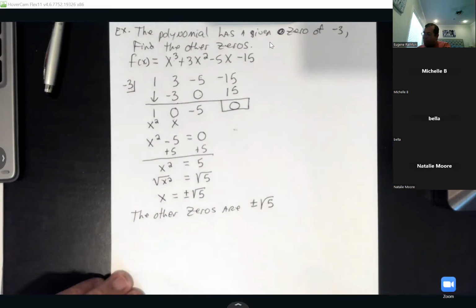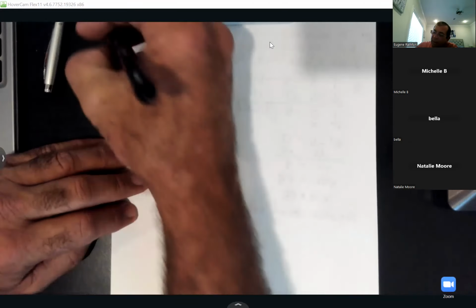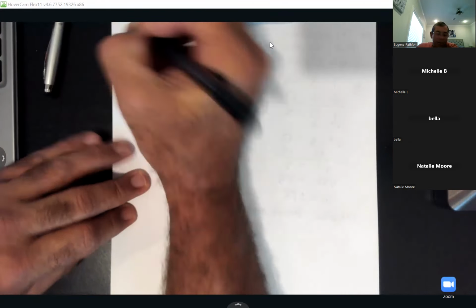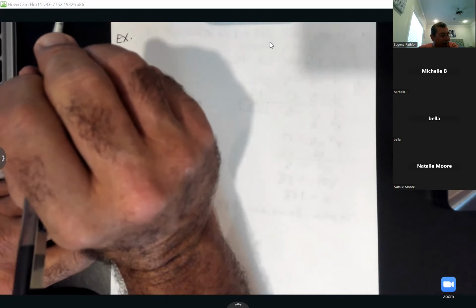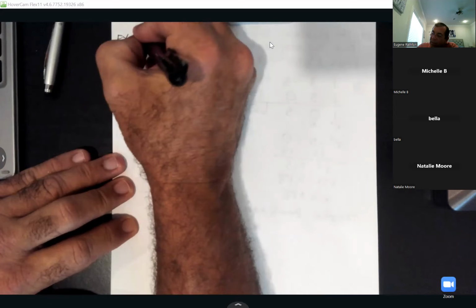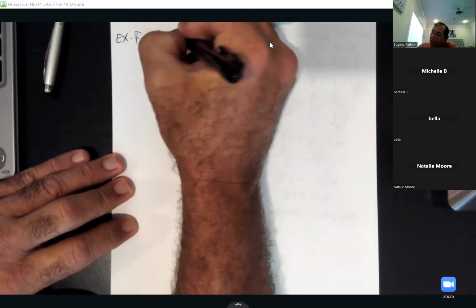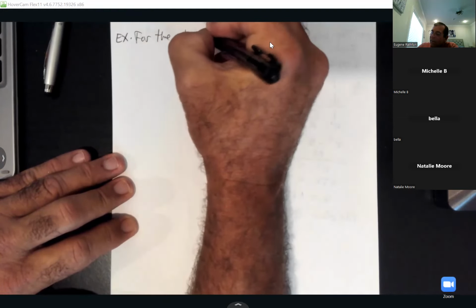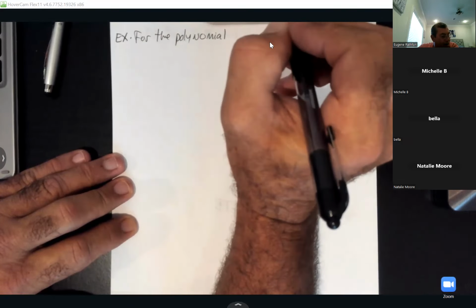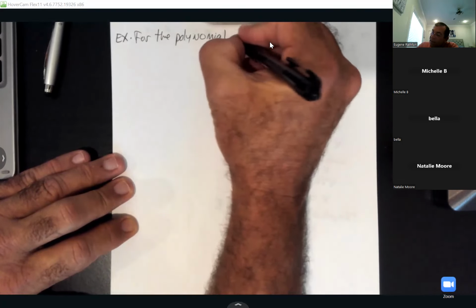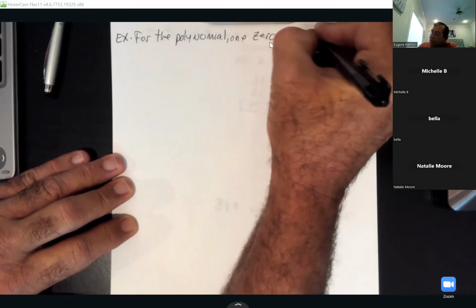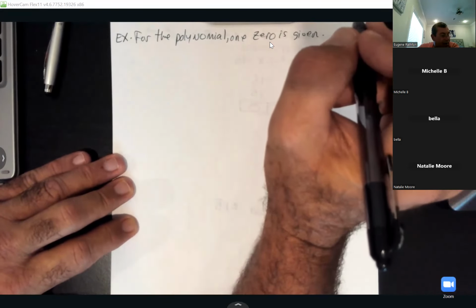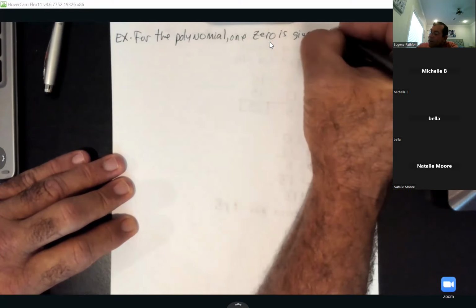All right, y'all, so let's play with one more of those before we go on a break. All right, so for the polynomial, one zero is given. They say, find the other zeros.